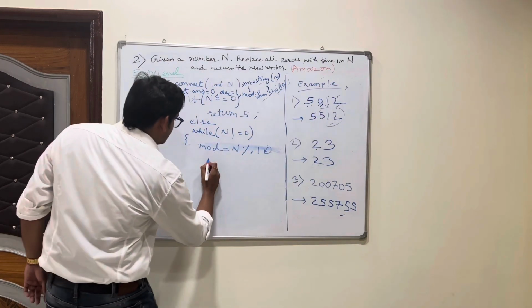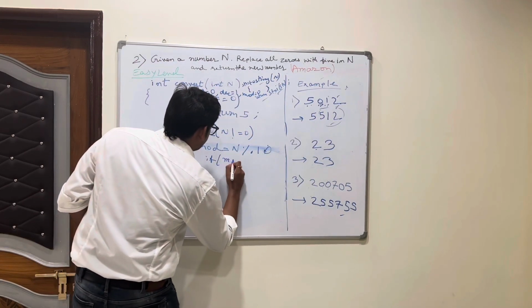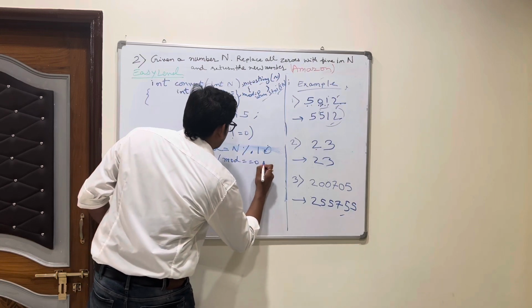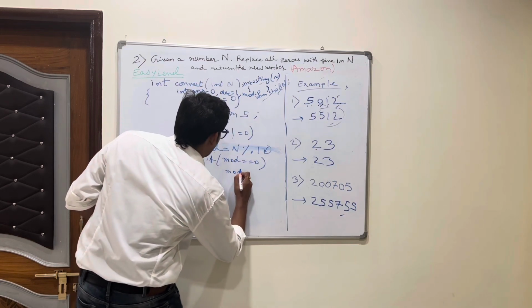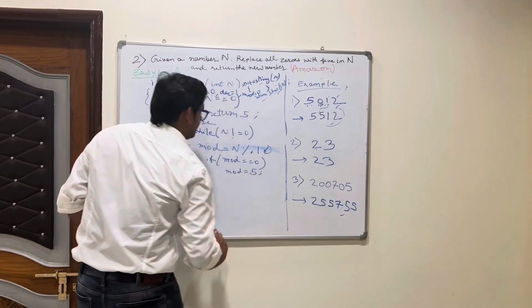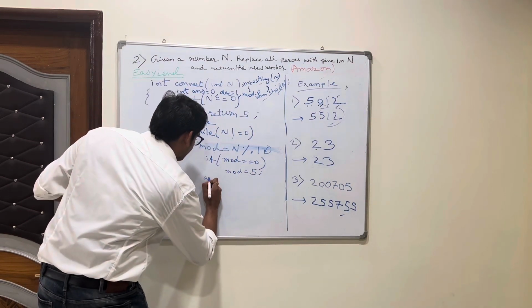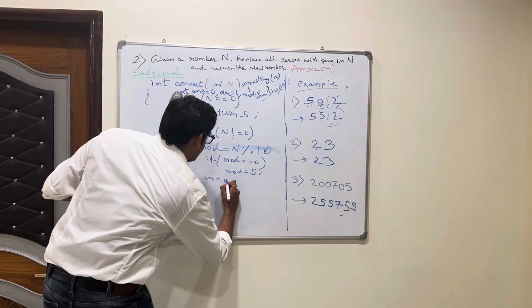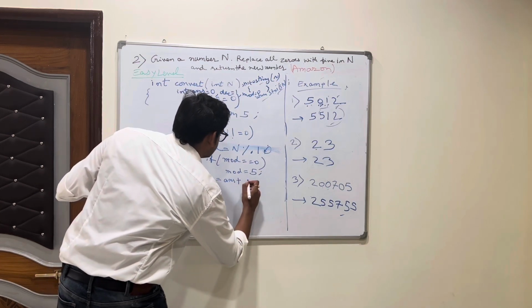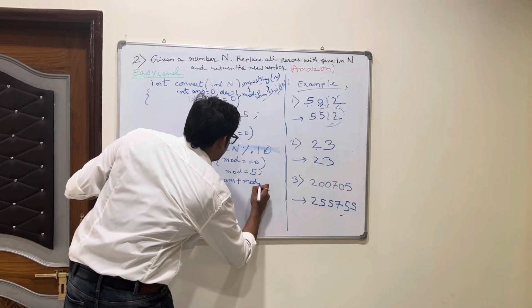Okay, so we'll check if mod is equal to 0 or not. If it is equal to 0, we will make mod equal to 5, right? Now, what would be our answer? Answer would be answer plus mod into decimal.